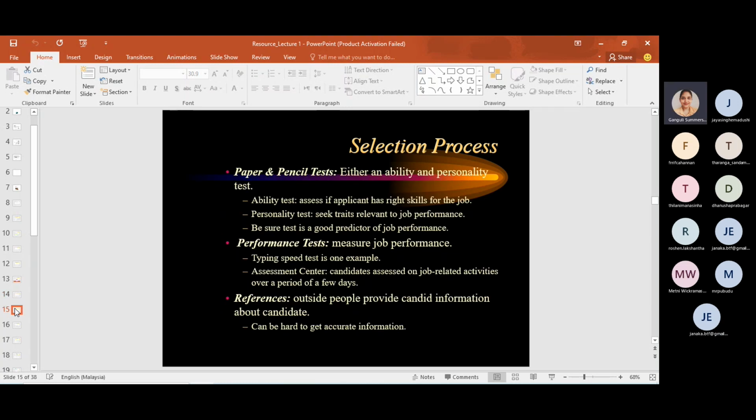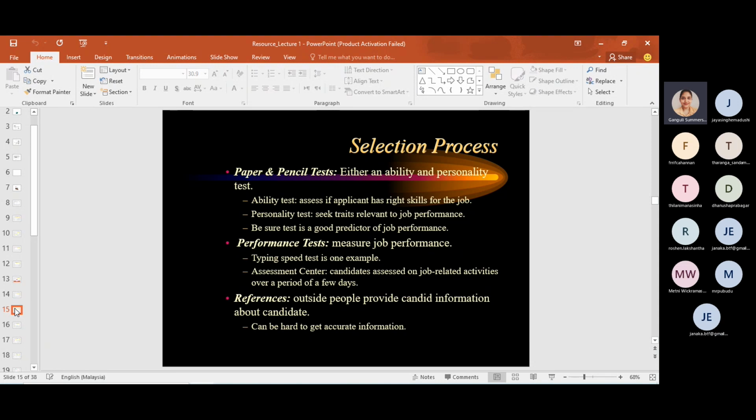And then we have paper and pencil tests to select people. It's another selection tool. Paper and pencil tests means written tests basically. There can be several types of paper and pencil tests, such as ability tests and personality tests.